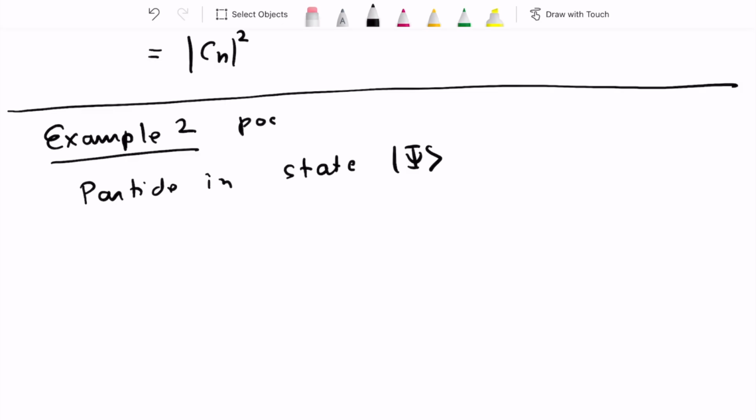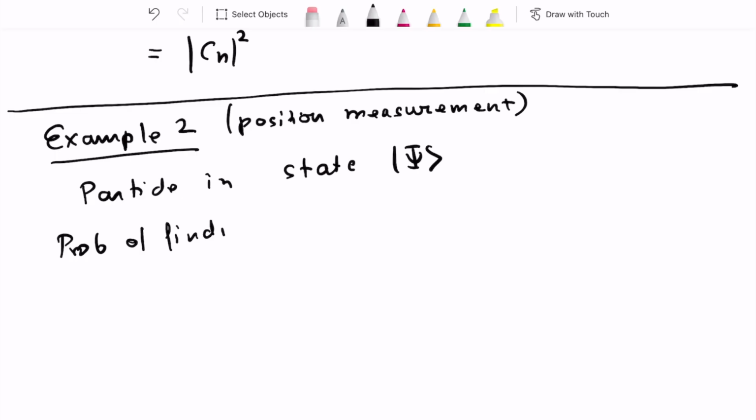So these are position measurements. What is the probability that you'll find the position to be between y and y plus dy?